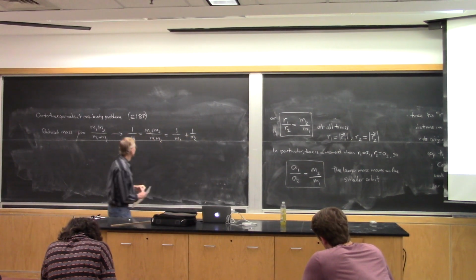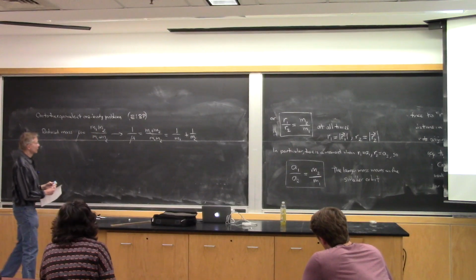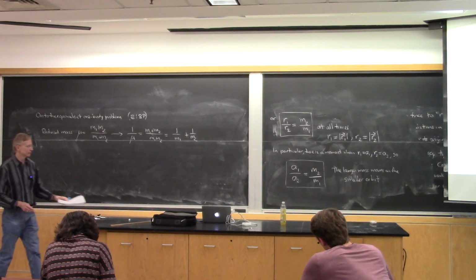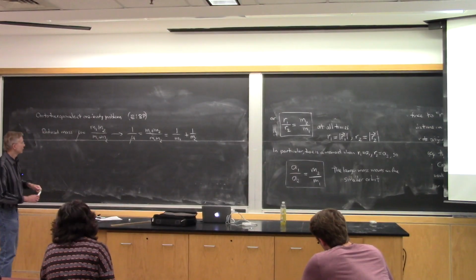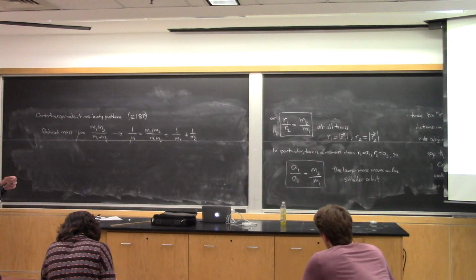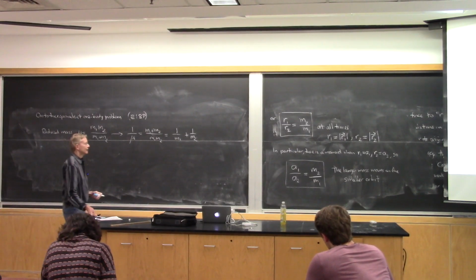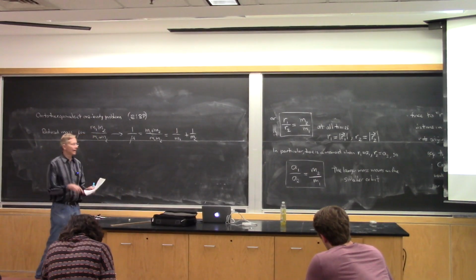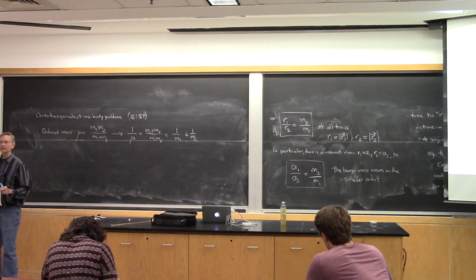Because m1 over m1 m2 is 1 over m2, and m2 over m1 m2 is 1 over m1. So 1 over mu is 1 over m1 plus 1 over m2. In other words, in determining the reduced mass, the masses add in reciprocal.